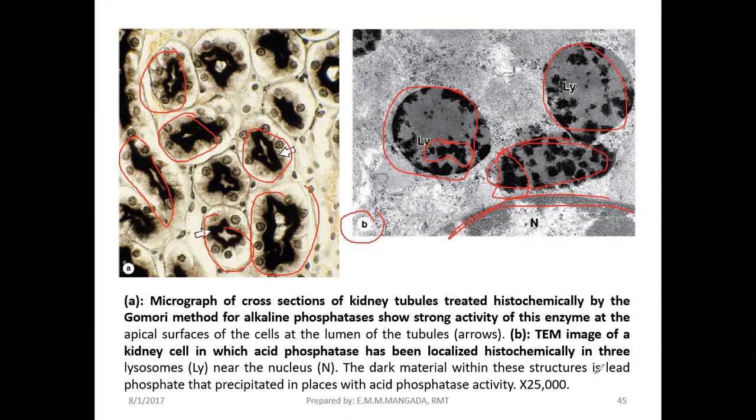So, the dark materials within this structure is lead phosphate that precipitated in place with acid phosphatase activity. Again, we have localized where in the cell the enzyme is doing its activity, by the precipitates produced by its products.